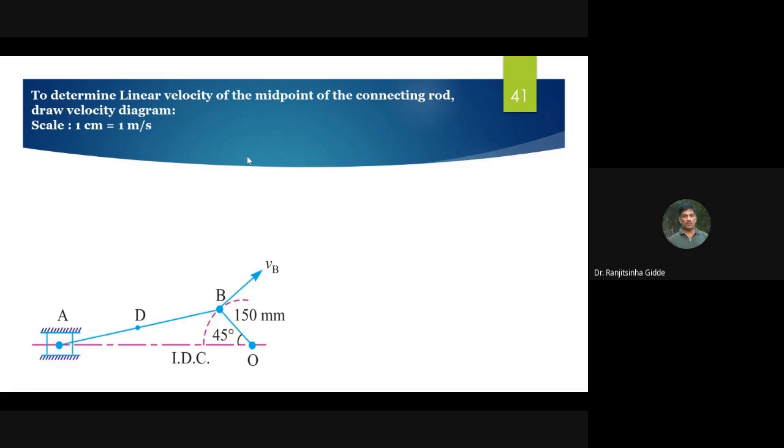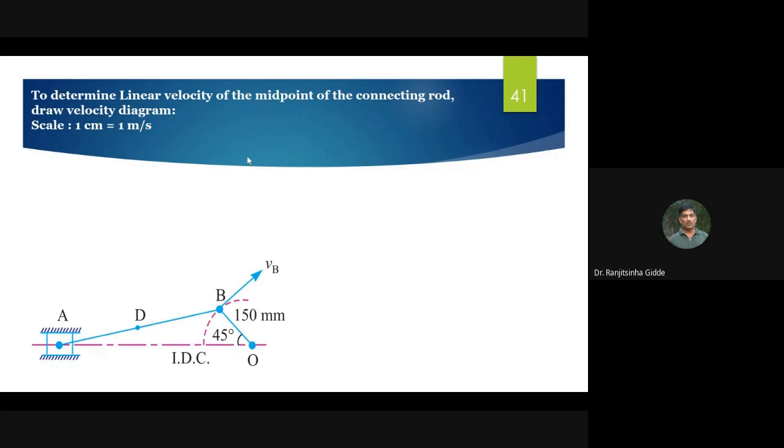Next line you can write scale: 1 centimeter is equal to 1 meter per second.